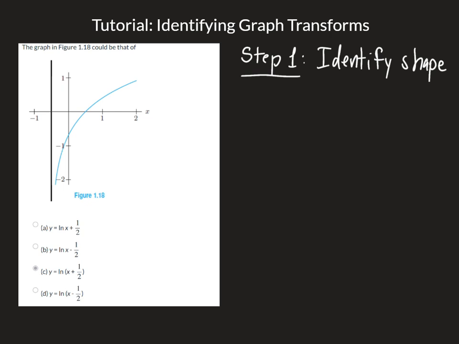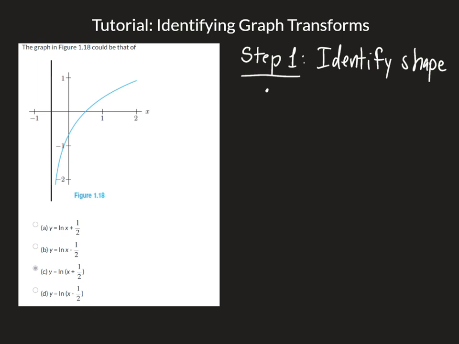The question then becomes, is there a function we've gone over in this class that has a shape that looks a little bit like this, with a vertical asymptote like this? Most importantly, we notice that there are no values defined for this function on the left-hand side of this asymptote. It only starts to exist after this vertical asymptote, and then it keeps on going, we can presume, roughly forever.